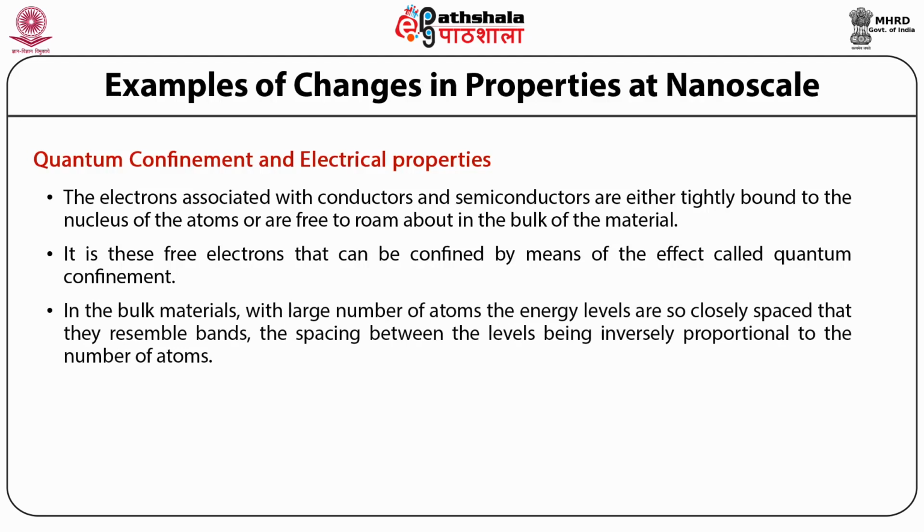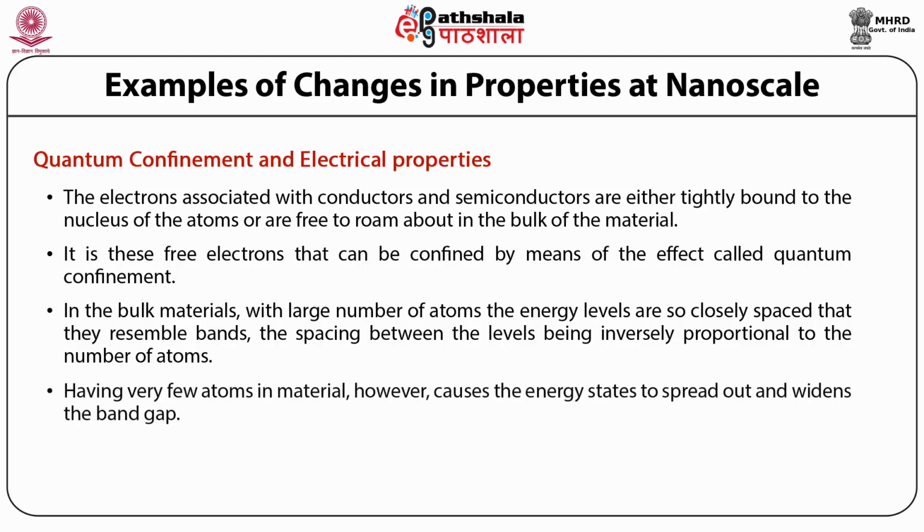In the bulk materials with larger number of atoms, the energy levels are so closely spaced that they resemble bands. The spacing between the levels is inversely proportional to the number of atoms.